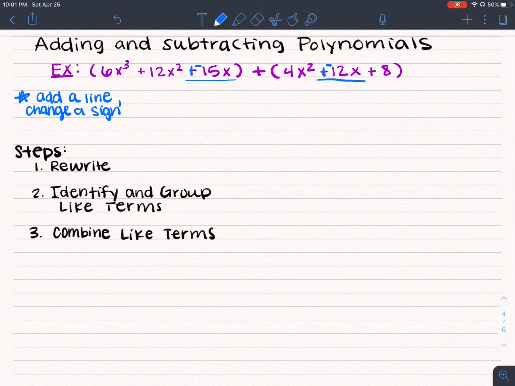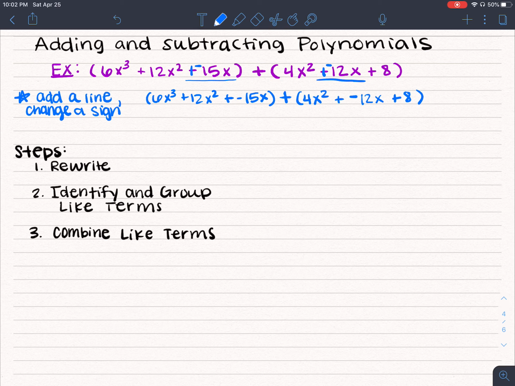So normally I would leave it just right there, but in case you haven't heard of this before, let me rewrite that how it would be now. So we have 6x cubed plus 12x squared plus negative 15x, all added to 4x squared plus negative 12x plus 8.